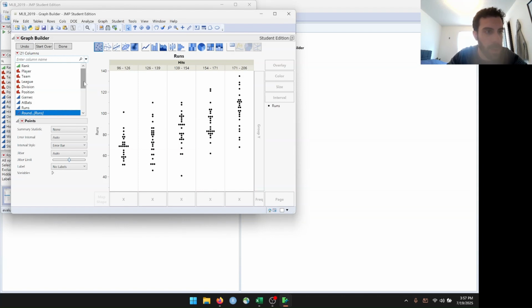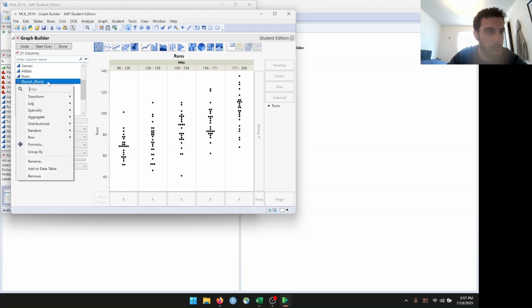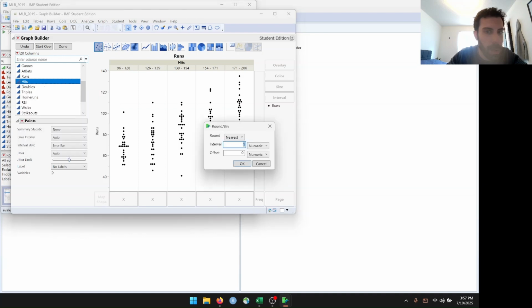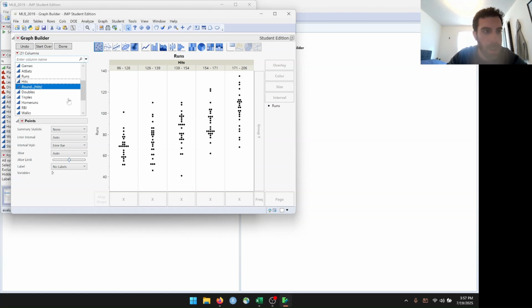Oh, that was runs, not hits. My mistake. Let me delete that. Did not want that. So let's see what's going on with hits. Let's see if rounding it works, although you don't necessarily need to round it, but let's see if that helps. No, we still have this scatter plot.